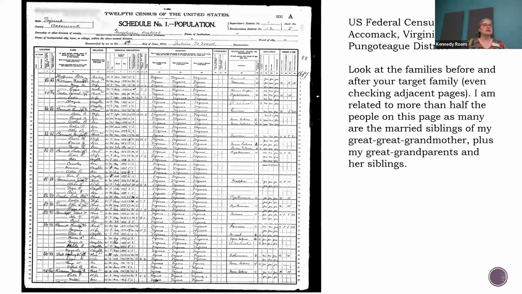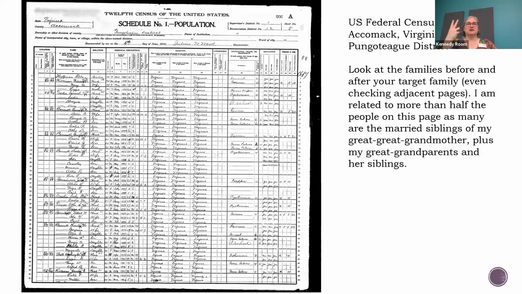But these were the early days of how many free men, free women, enslaved men, enslaved women, children, etc., were in the country. The primary use of the census is for representation in the House of Representatives.